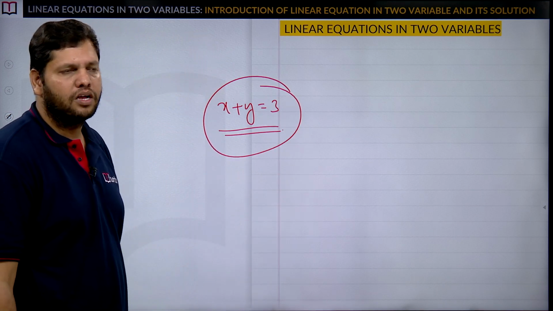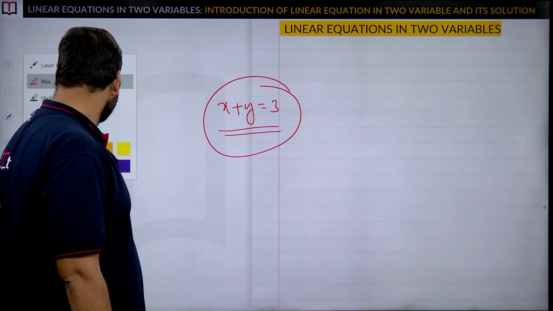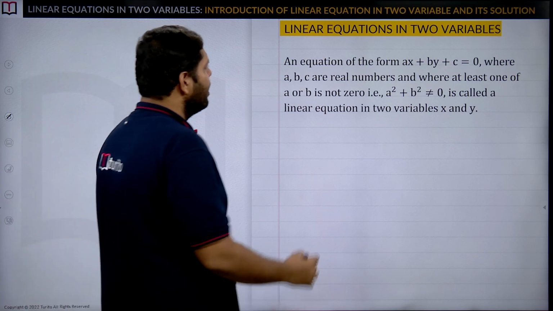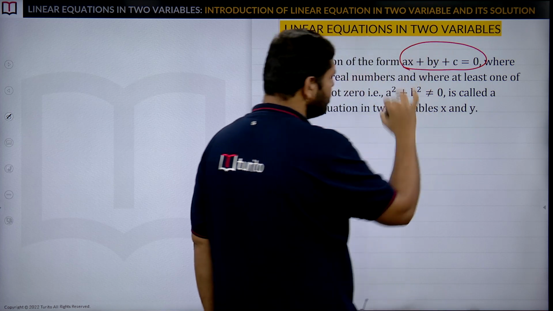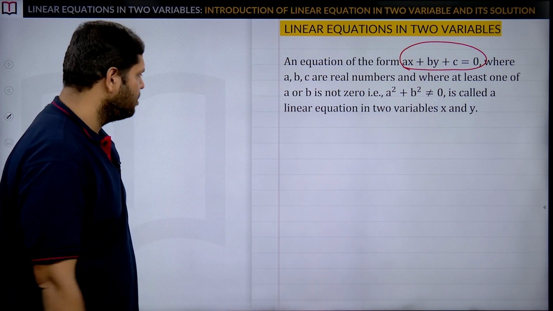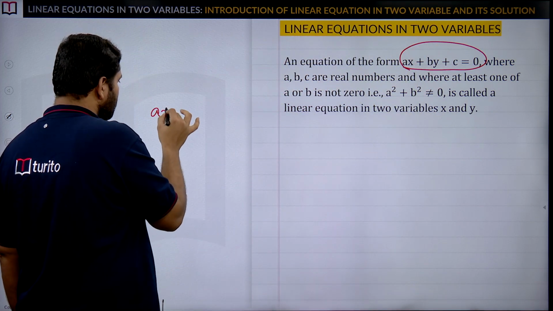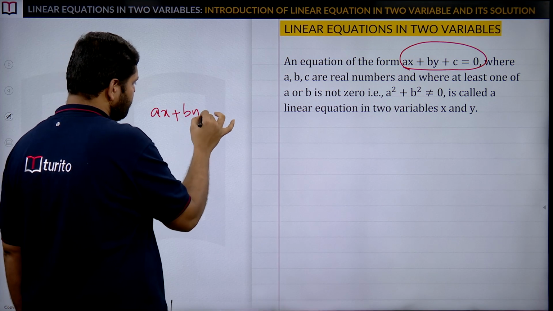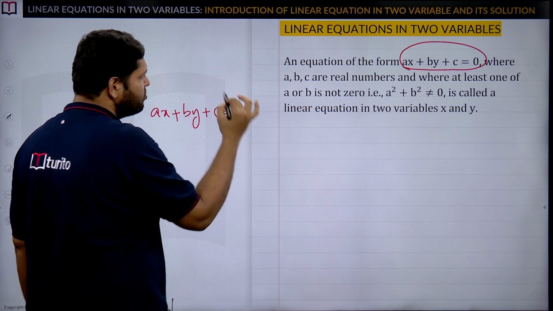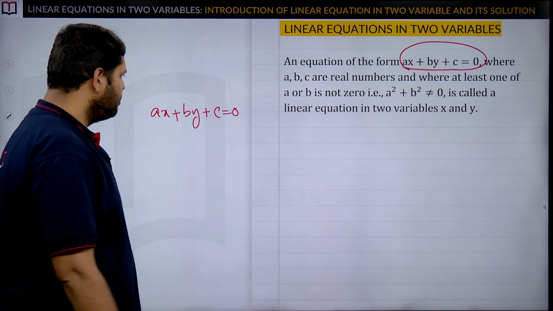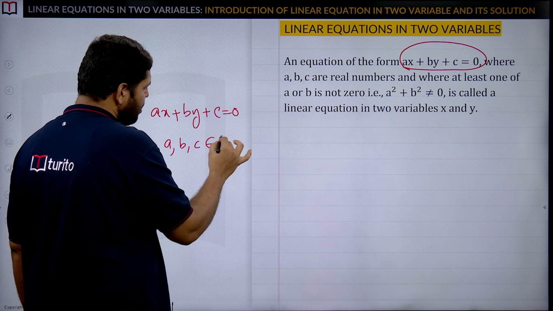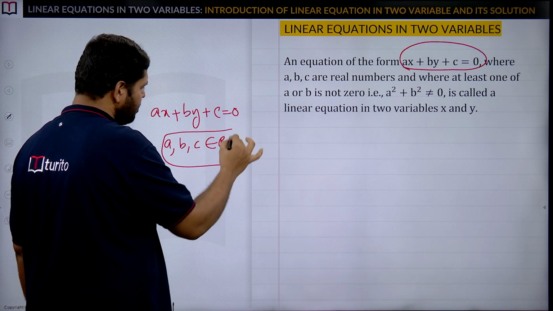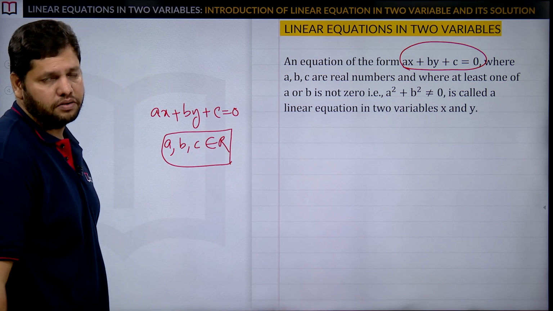Now let us see, children, what is the definition of linear equation in two variables. An equation of the form ax plus by plus c is equal to 0. Children, remember this is very, very important. An equation in the form ax plus by plus c equal to 0, where a, b, c belong to real numbers. That is the second condition.